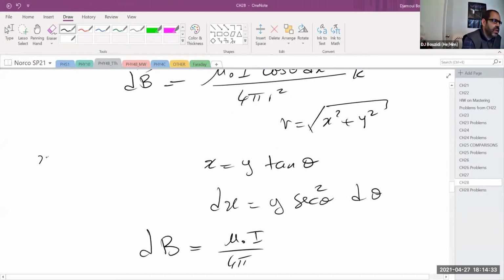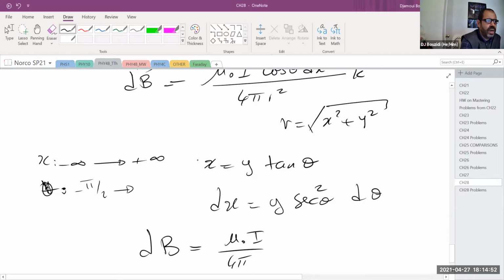X was supposed to change from negative infinity to positive infinity. Well, sorry, theta is supposed to change then. Theta is arctangent of x over y. When x goes to negative infinity, the arctangent of negative infinity is negative pi over 2. And when x goes to positive infinity, the arctangent of positive infinity is pi over 2.